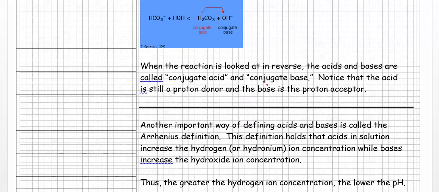So when the reaction is looked at in reverse, the acids and bases are called conjugate acid and conjugate base. So notice that the acid is still a proton donor, and the base, whether it be a normal base or a conjugate base, is still the proton acceptor. All right, so that's Bronsted-Lowry.